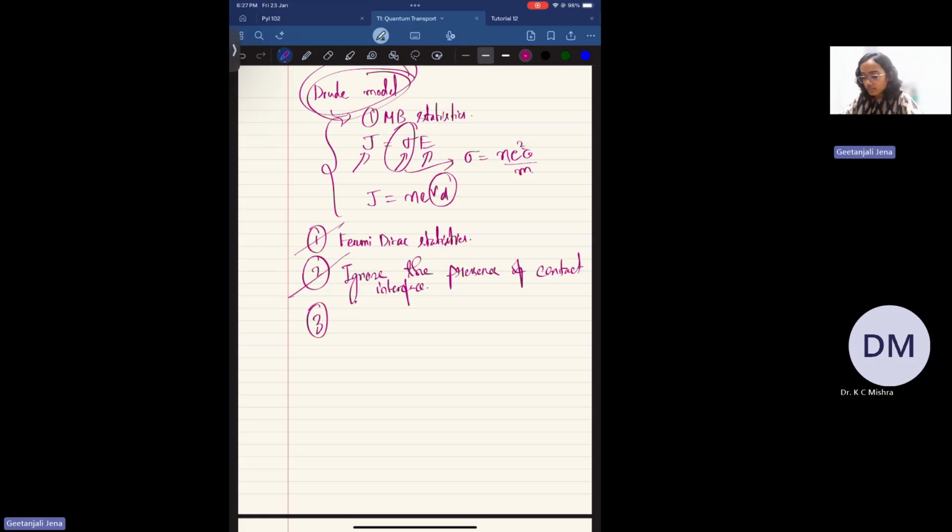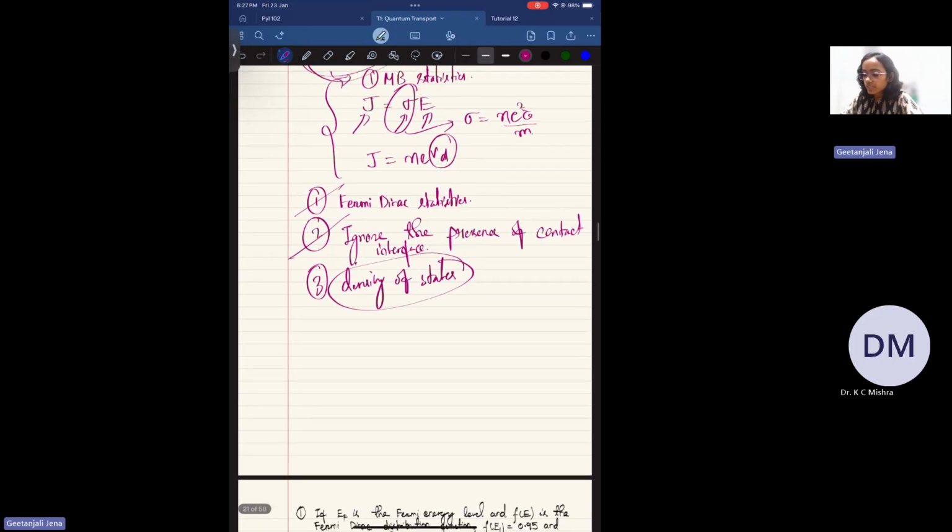And the third thing is the density of states. When the charge carriers move from one side to the other, let's say from source to drain, they should have empty states so that the charge carriers can move within this channel.